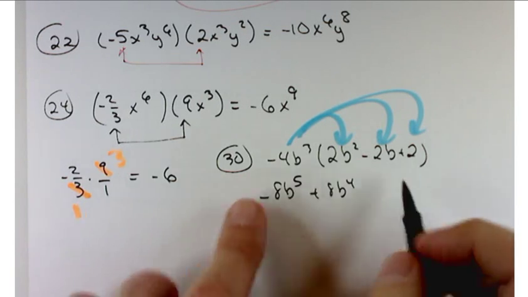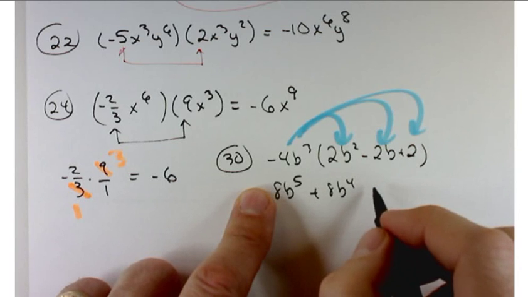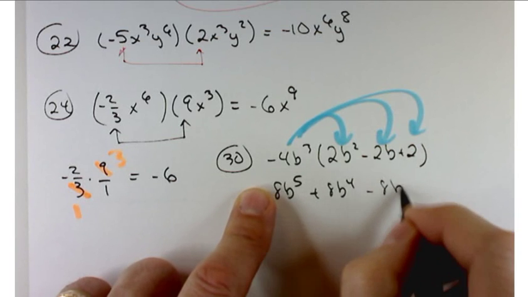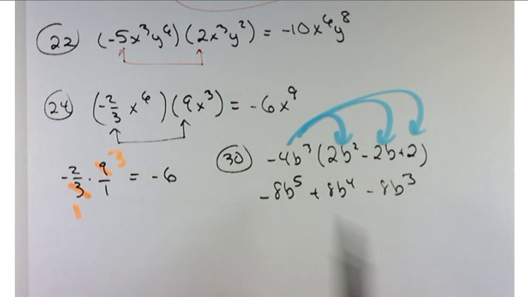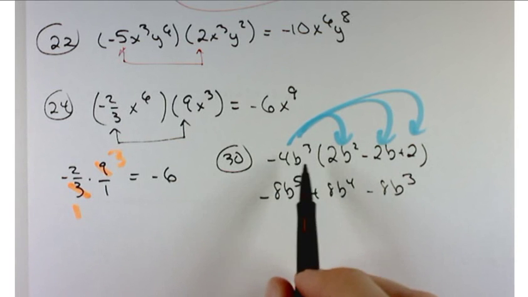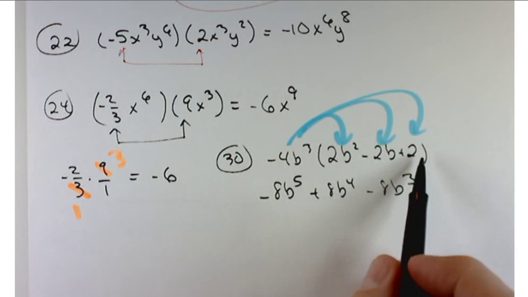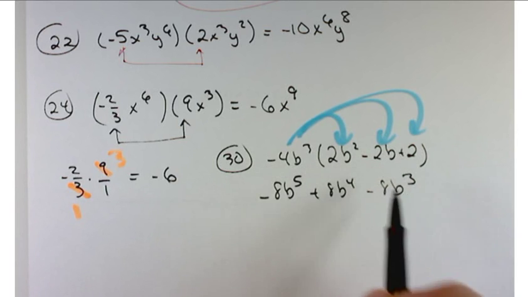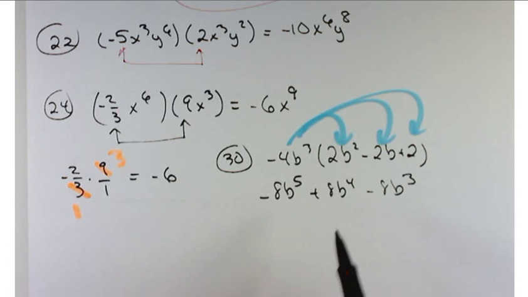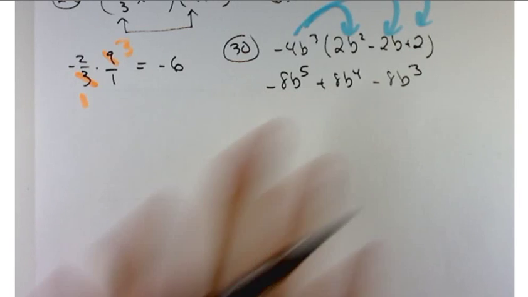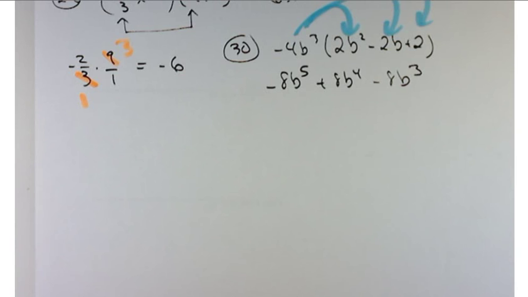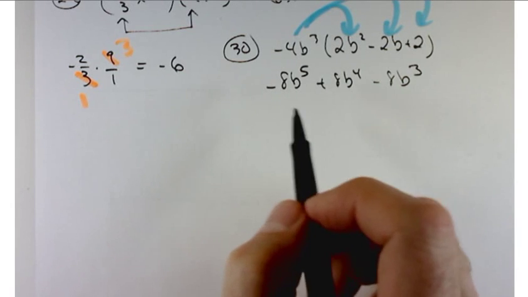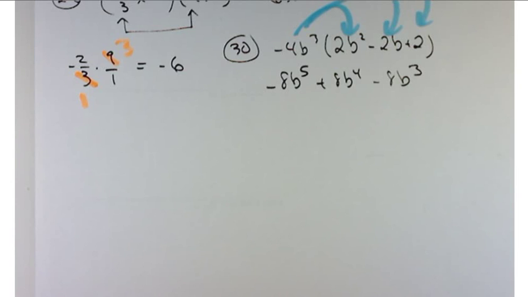How about the last one? Good, negative 8b to the third. Notice that this last one, there's no b to the third times something. There's no like terms here, so just leave it there. Negative 8b to the third. Yeah, looks good. Thank you, folks. Yes, that's it. There's no like terms. We can't combine anything else, so we're done with that one.